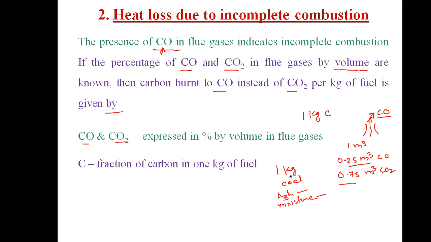Say, for example, if we burn 1 kg, that is 1000 gram of coal, then out of that 100 gram is ash, 50 gram is moisture, and the remaining is carbon. So we may say we have burned 1 kg of coal, but actually it contains only 850 gram of carbon instead of 1 kg.